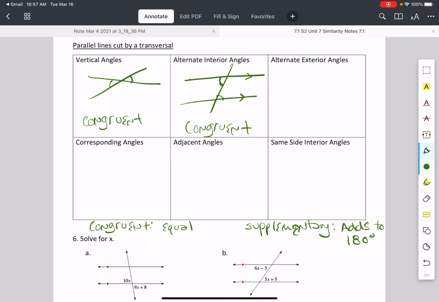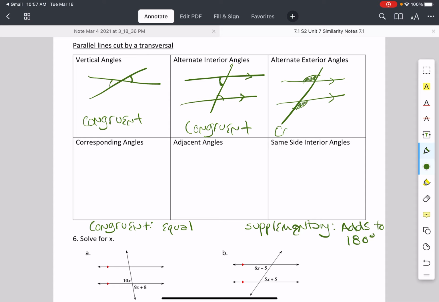Yeah? Good. Okay, alternate exterior, so same parallel lines. There's a transversal. Still alternate sides of the transversal, but exterior meaning outside of the parallel lines. So this angle and this angle.